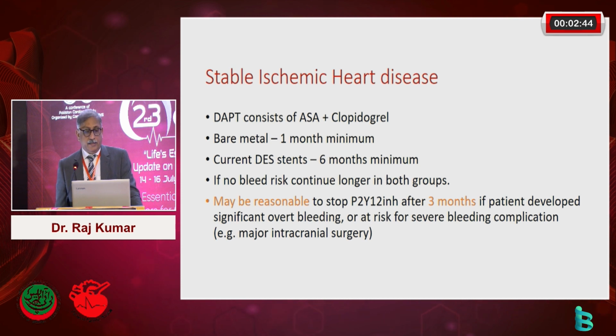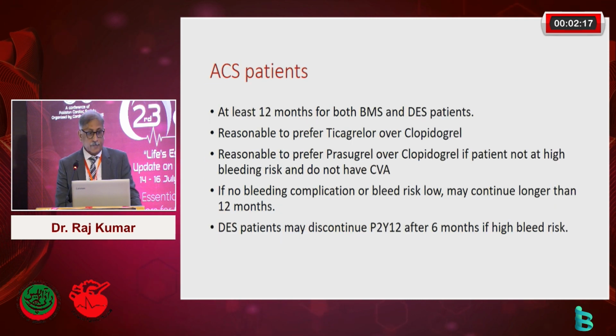If a bare metal stent is implanted, then 1 month is the minimum, and for current drug-eluting stents, 6 months minimum. If there is no bleeding risk, continue longer in both groups. It may be reasonable to stop the P2Y12 inhibitor after 3 months if the patient develops significant overt bleeding or is at risk for severe bleeding complications, such as major intracranial surgery.